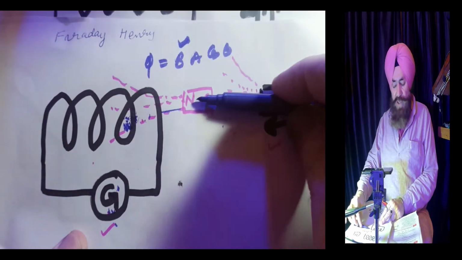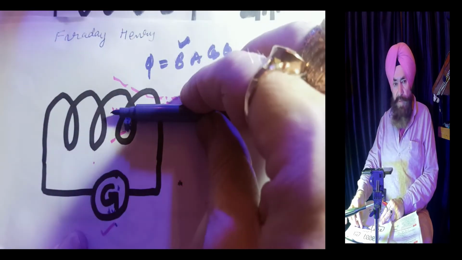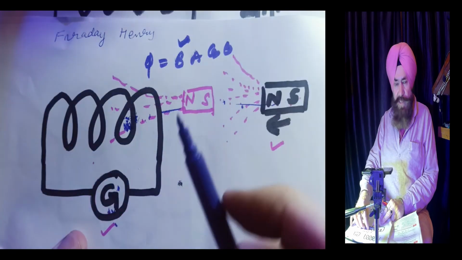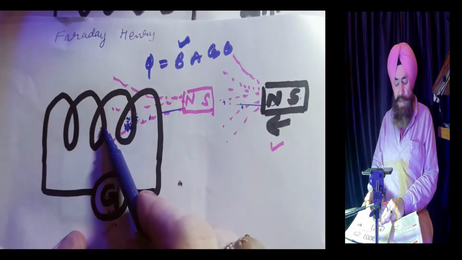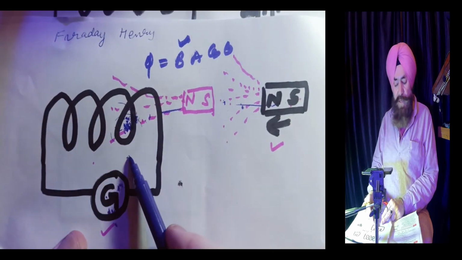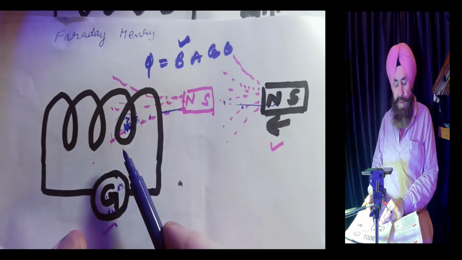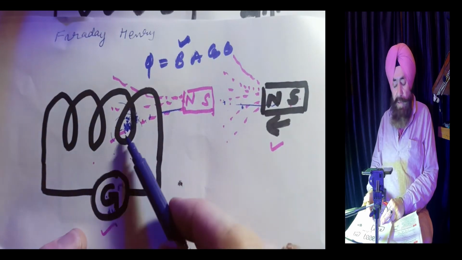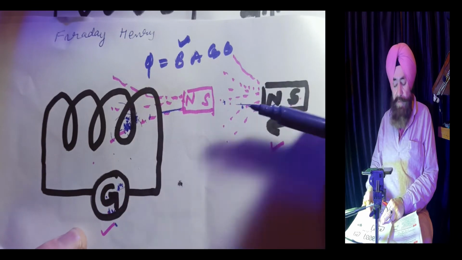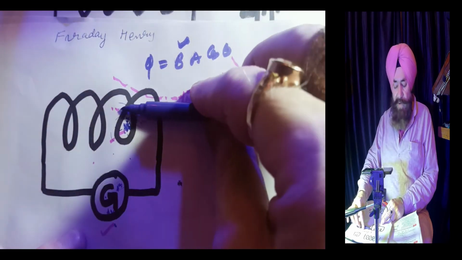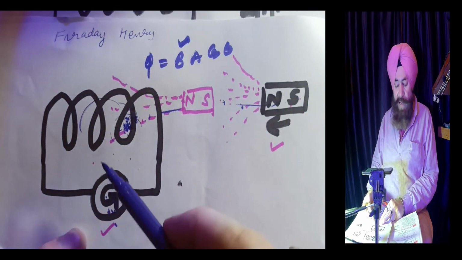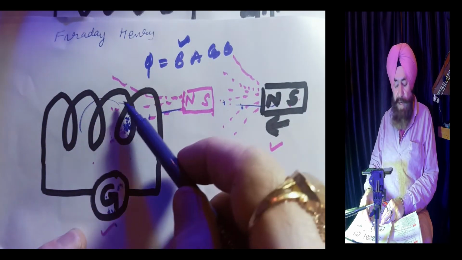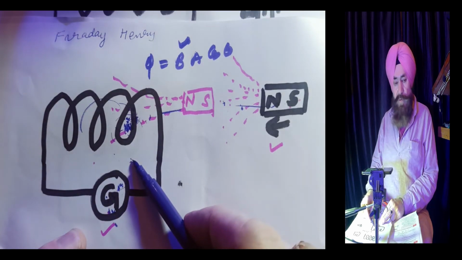And if the change is rapid, a fast change, you will notice a very large deflection. Large deflection means more current is flowing in the coil. The result is, when the flux linked with the coil changes, the galvanometer shows deflection, meaning some current is flowing through the coil.